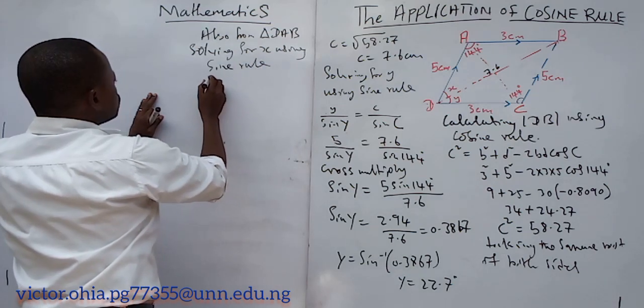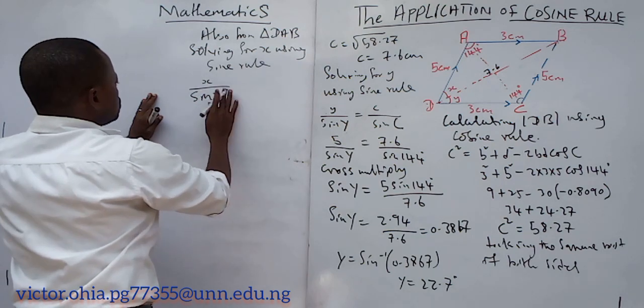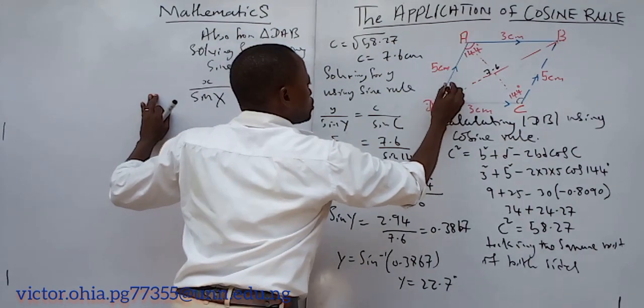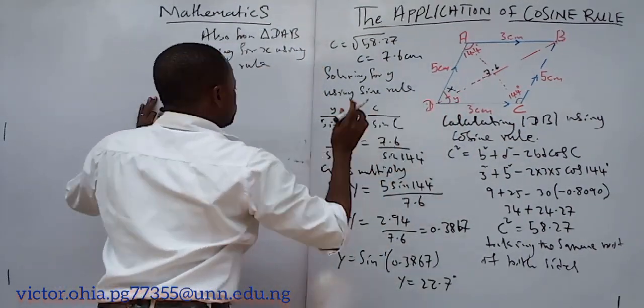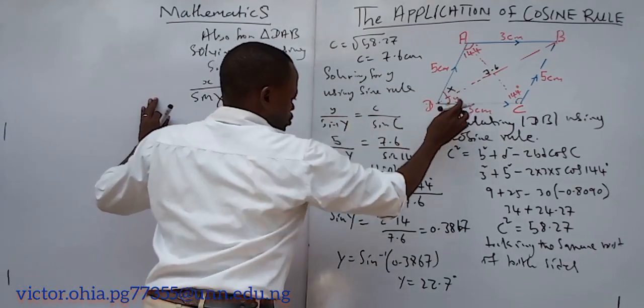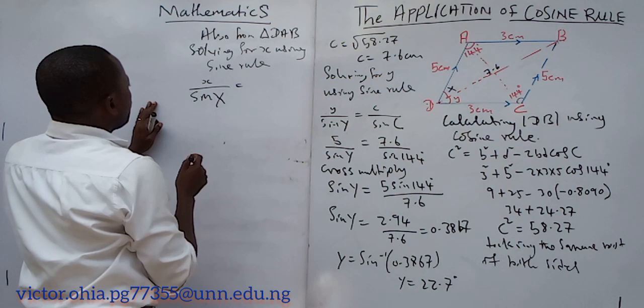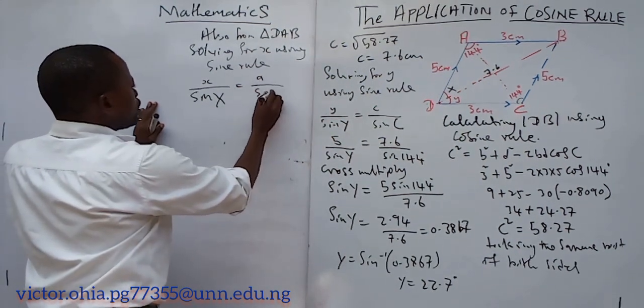I will have small x over sine capital X, okay? Let me change this into capital so it doesn't get confusing. This is small x, this is capital representing the angle, and this one is also capital Y, please, equals, what I'll use now is a over sine capital A.